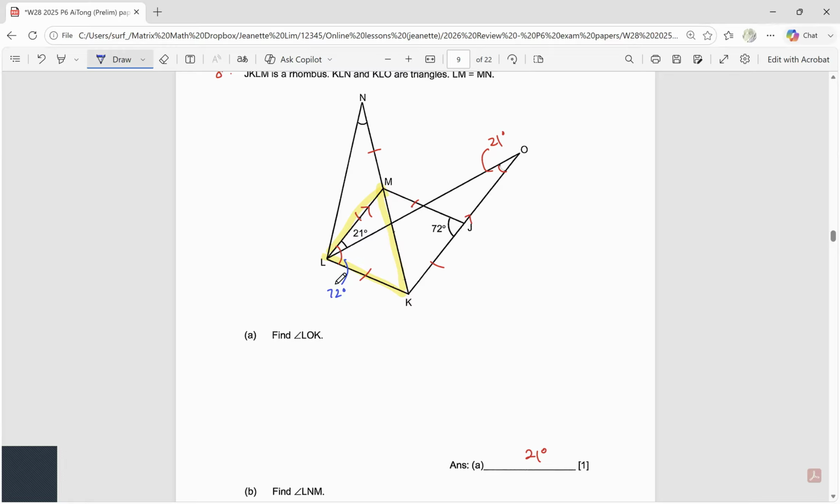So 180 minus 72, and then you divide by 2, you can find angle LMK here.